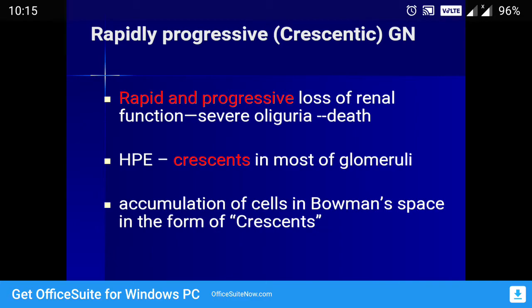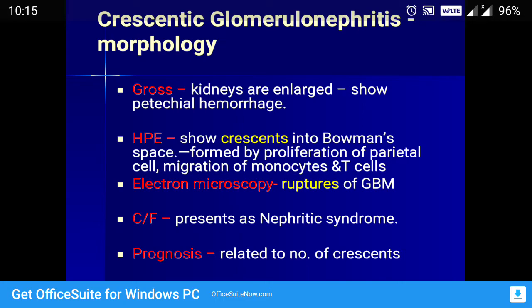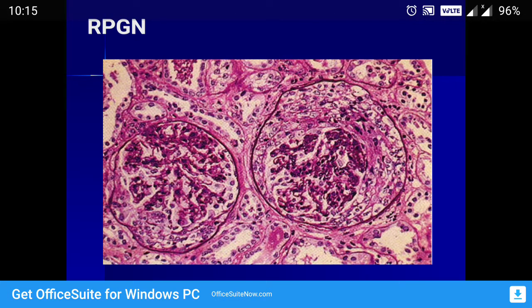The next is rapidly progressive glomerulonephritis. It is named so because it will rapidly progress into chronic glomerulonephritis and may lead to renal failure. It is also called crescentic glomerulonephritis because there is formation of crescents.